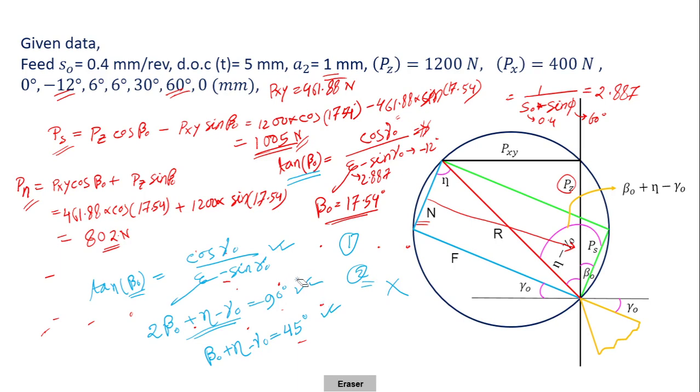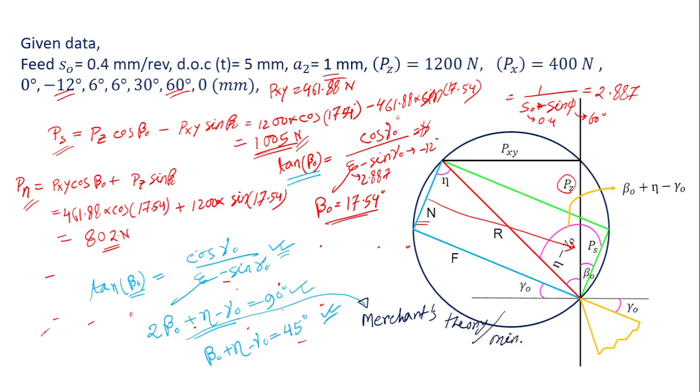The reason is that there are certain conditions, and only under those conditions can I use this equation or this equation. The condition for this equation is, if in the question it is given, solve the question by following Merchant's theory or minimum energy principle.